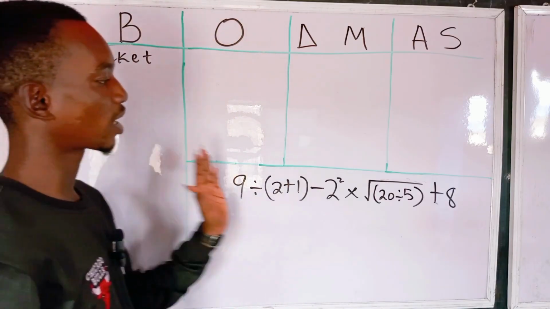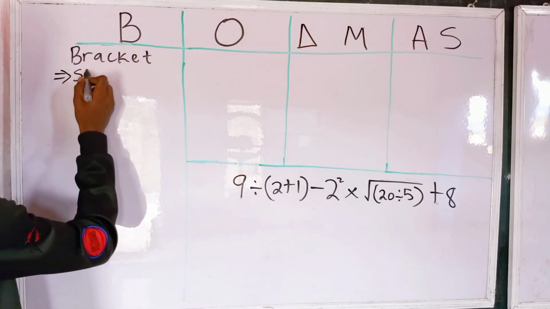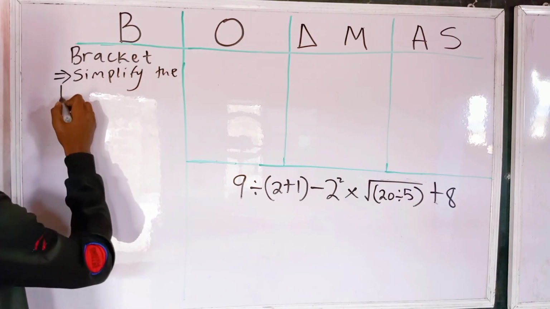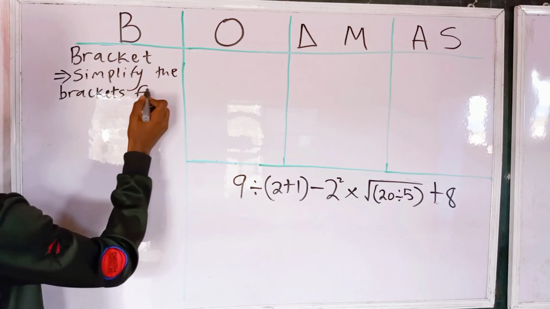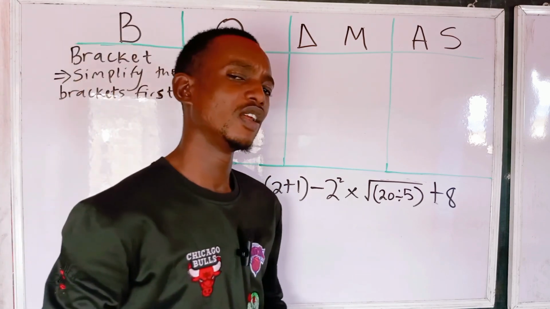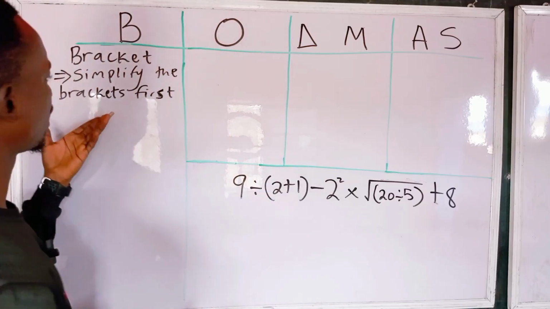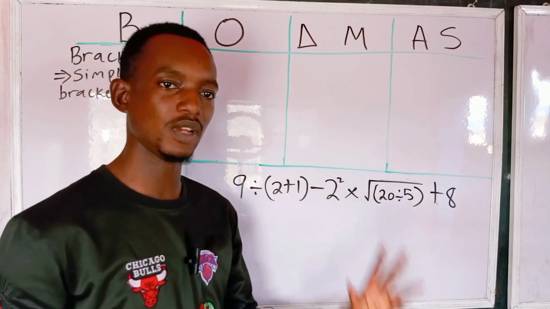So whenever you see brackets in an expression like this, let us simplify them first. Simplify the brackets first. Very, very important. Now, there is a mistake that students make here. The function of bracket is not just for simplification. Bracket can also act as multiplication.